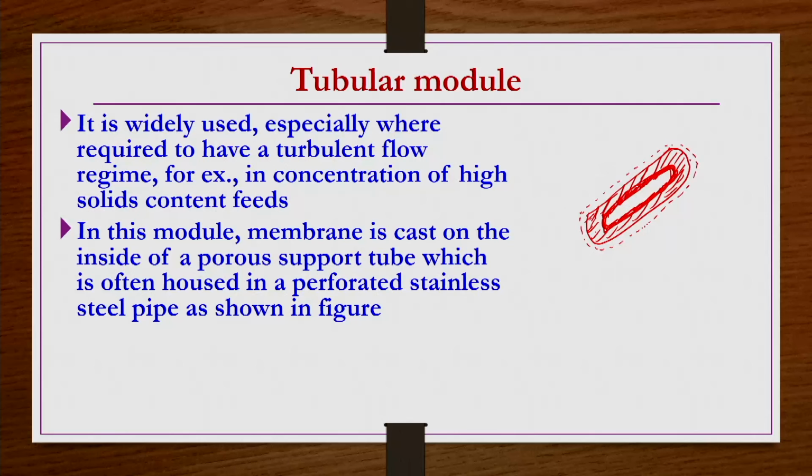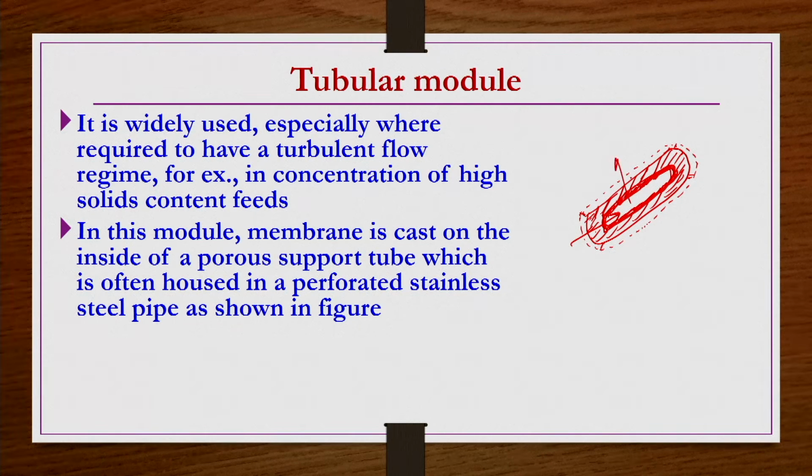pipes like this, right. And then there are provisions to fix them, they are not loosely packed. And then this structure has a provision where the fluid comes in here, right, and then separation will take place through this membrane.